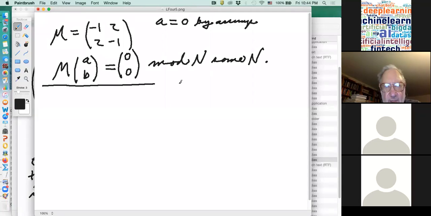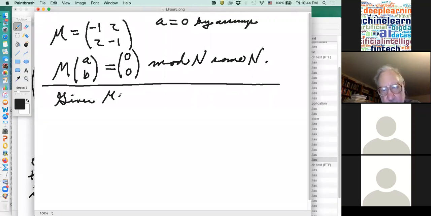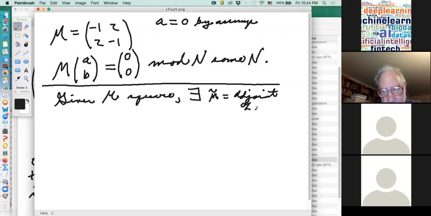And now comes a little bit of matrix algebra. Given a square matrix M, there exists M tilde equals the adjoint of M, such that M tilde times M is equal to the determinant of M multiplied by the identity.